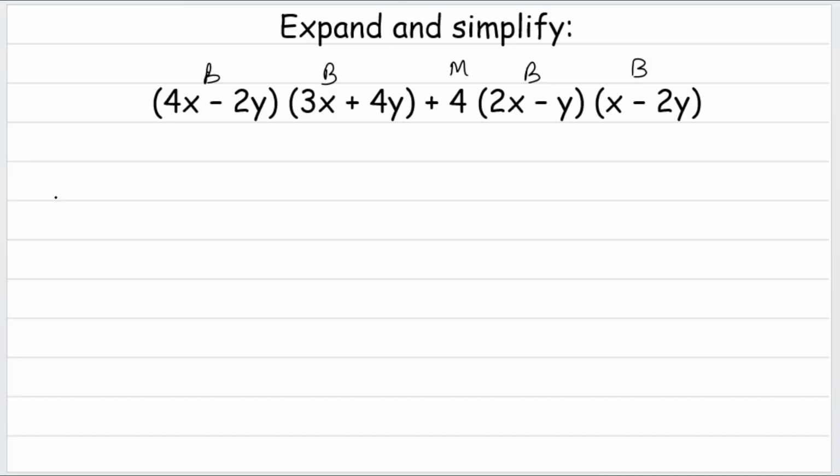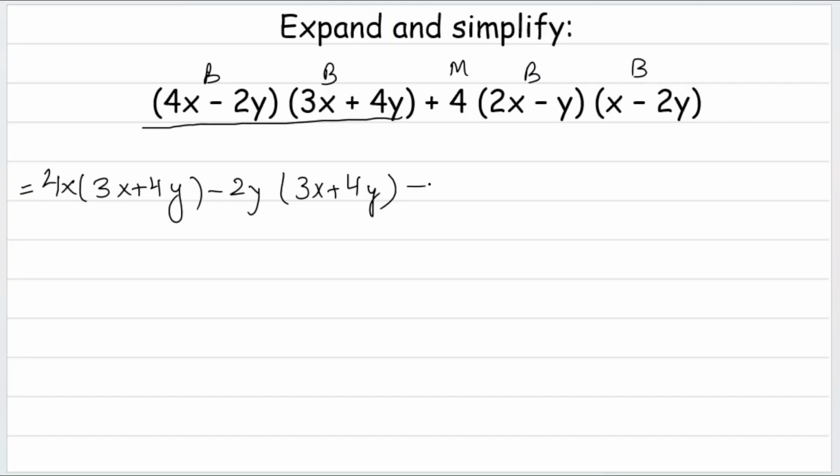So let's start multiplying. Let's solve this first one. 4x multiplied by the second bracket 3x plus 4y, then minus 2y multiplied by 3x plus 4y. So we are done with this part. Plus 4, and after 4 we have two brackets, so we will pick 2x and multiply it with the second bracket.